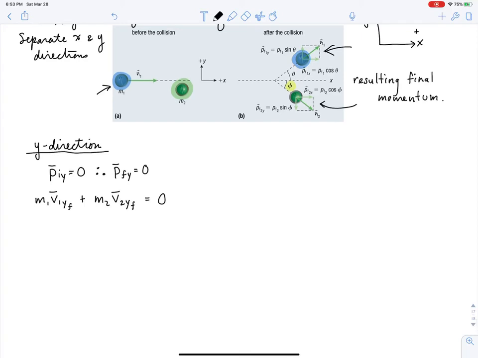These curling stones have the same mass, so we can say that M1 and M2 are equal to each other. So we can factor this out, and we have M times V1y final plus V2y final equal to 0.